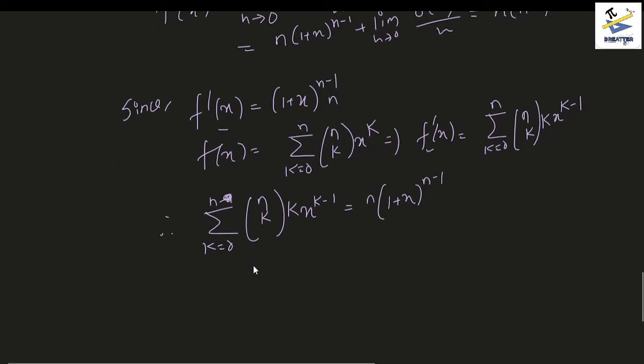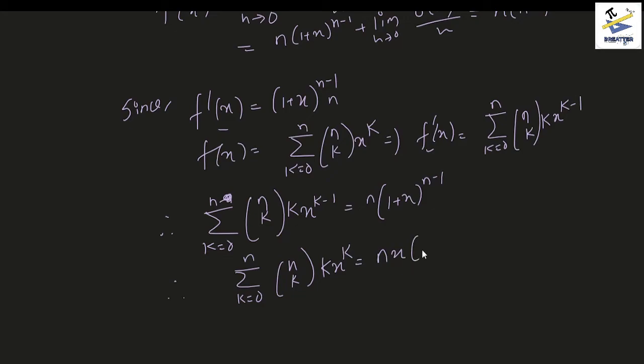Similarly, if you multiply by x both sides, it becomes summation k equals 0 to n nCk k x to the power k equals n x into 1 plus x whole to the power n minus 1, right?